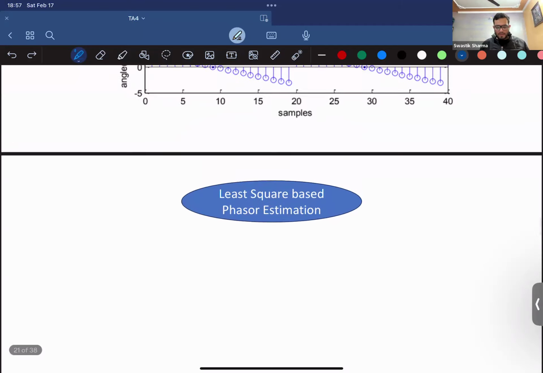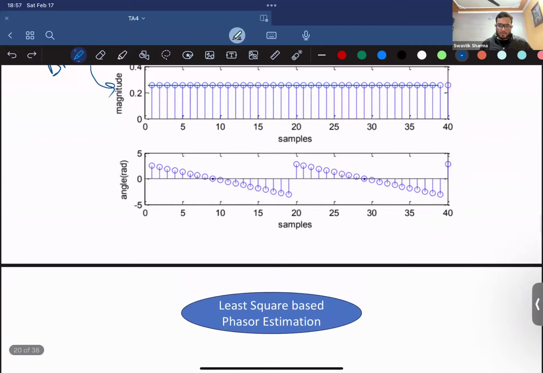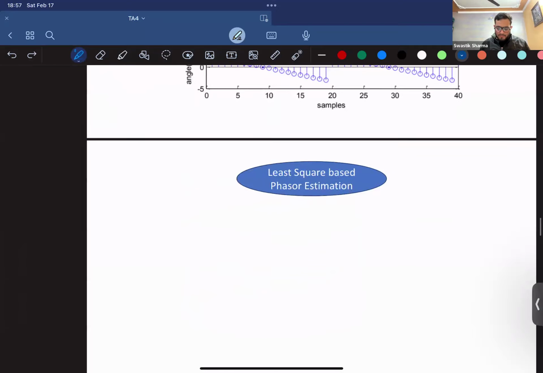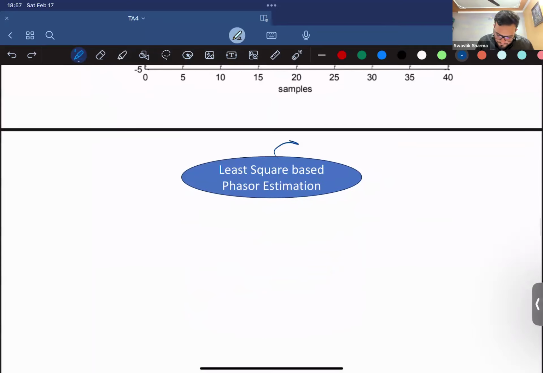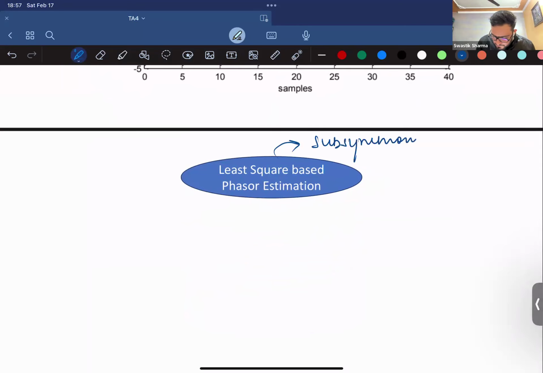So if you want to calculate for subsynchronous frequencies, you need to do it like this. But there is one major demerit associated with it: computation. You would need to invert a matrix, and the difficulty of inverting a matrix increases with the size of the matrix.